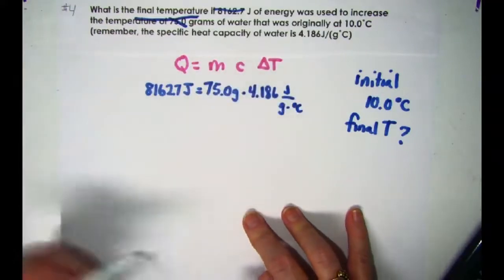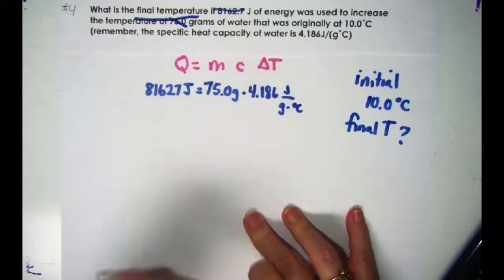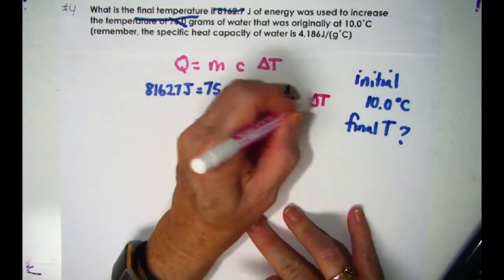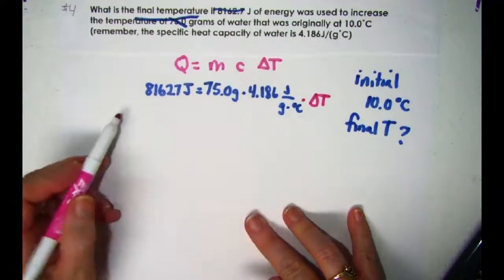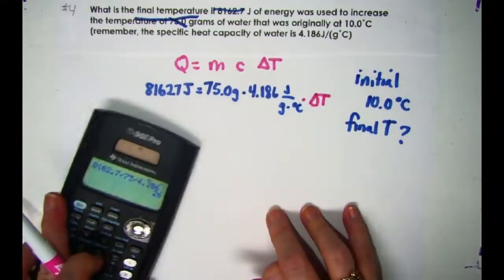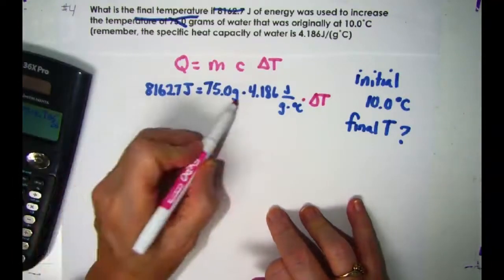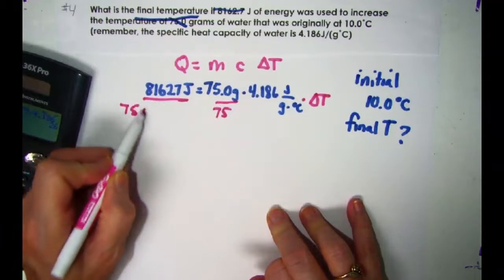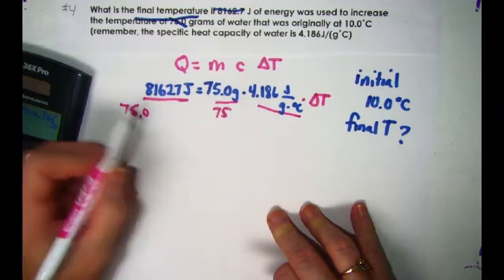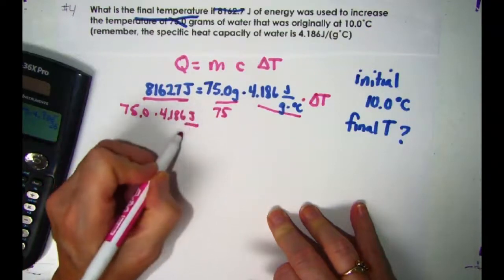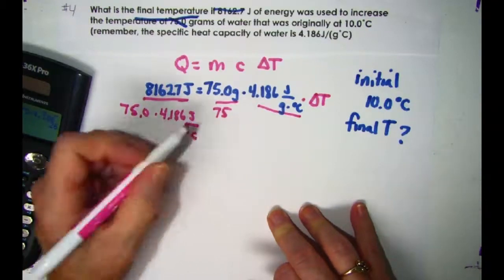Well, what's the final part of this equation? The final part of this equation is delta T. So let's solve the equation that we have for delta T. All right, so what are we going to do? We're going to divide both sides by 75. We're going to divide both sides by 4.186 joules per gram degrees Celsius.